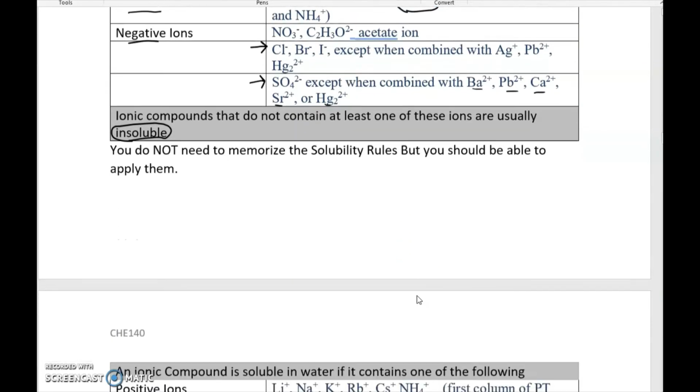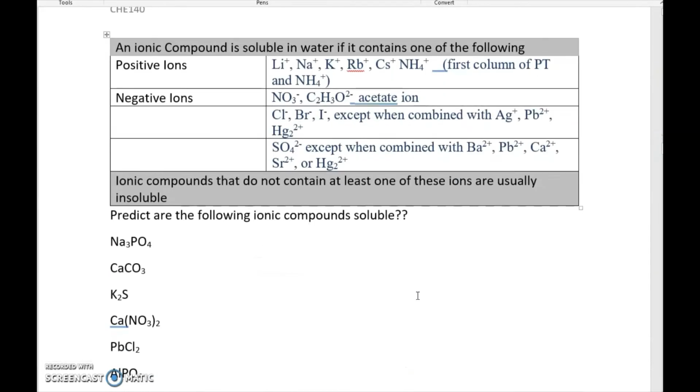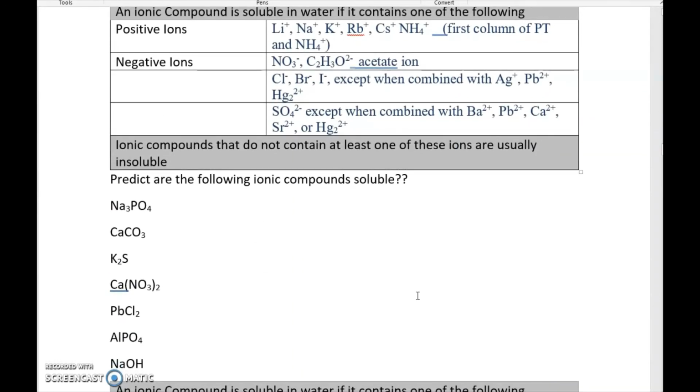So let's use the table and predict whether the following compounds are soluble. Well, first we have sodium phosphate. Sodium is right here on our table, and so this will be soluble.